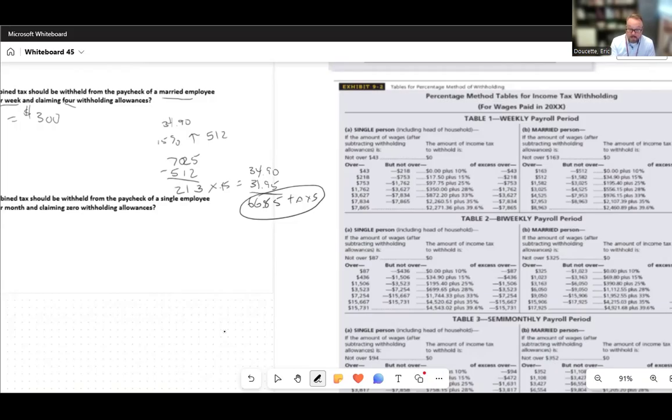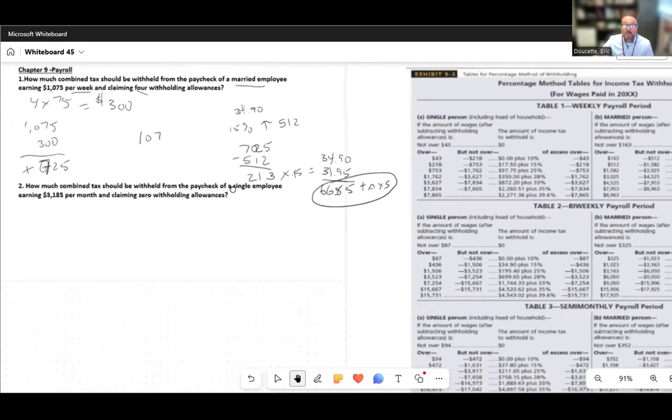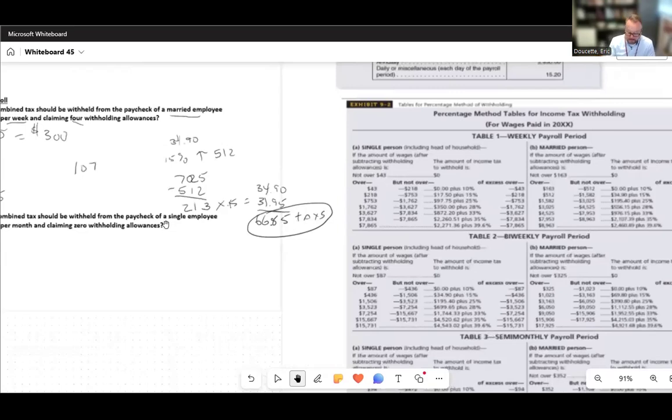Now, this scenario above: if I want to find out how much my paycheck is going to be, I would take my $1,075, that was my paycheck amount, and subtract the 66.85.